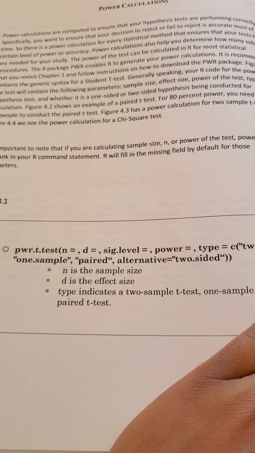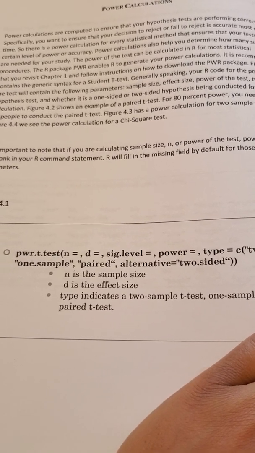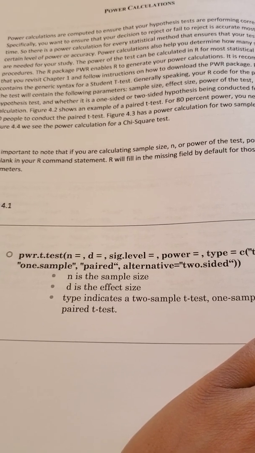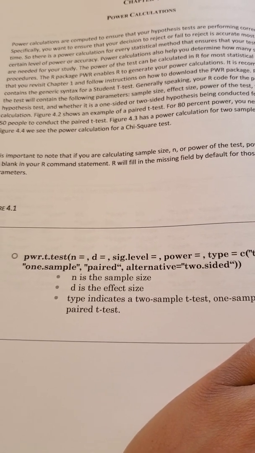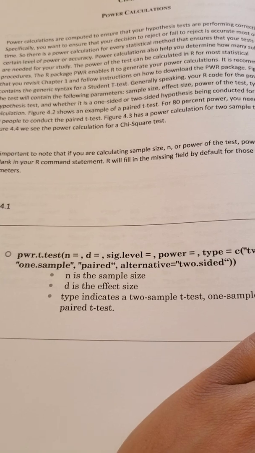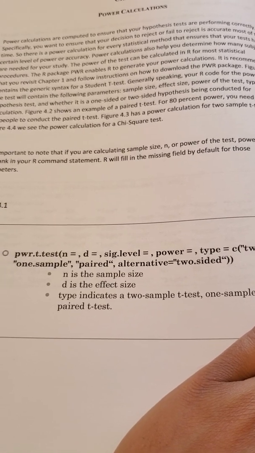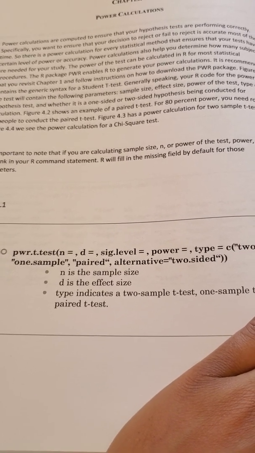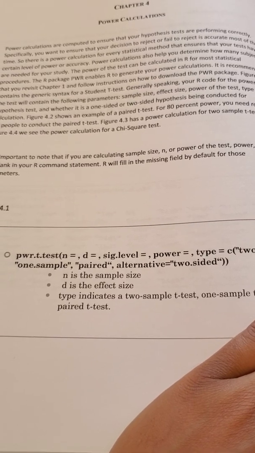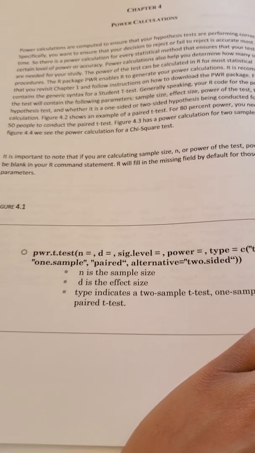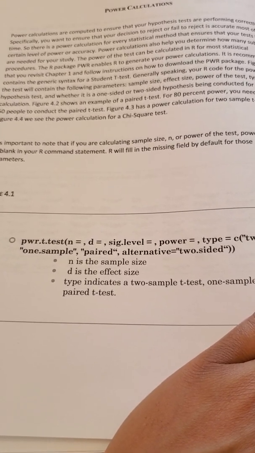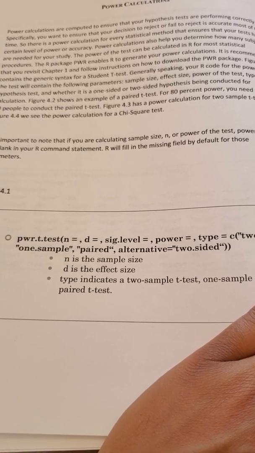And I do want to preface this with: sometimes you're not using traditional statistical methodology. There's so many ways to get the sample size calculation. I'm talking about the traditional way where you're doing an inference test and you need a sample size.